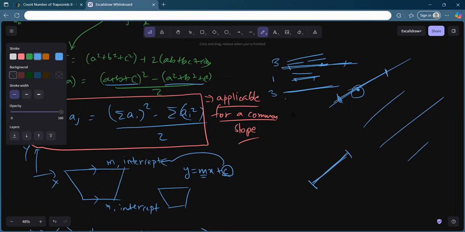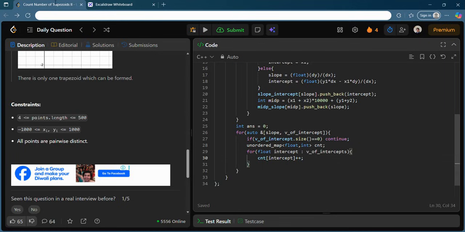I am just telling you again so that you don't get confused. If 3 1 3 is there, you are calculating these three values. This has the same intercept, this has the same intercept, this has the same intercept, and the slope is definitely the same. So that is what you do: calculate the intercept, store the count of the intercept.